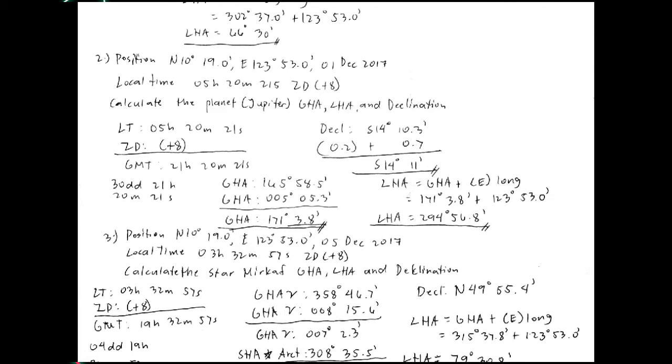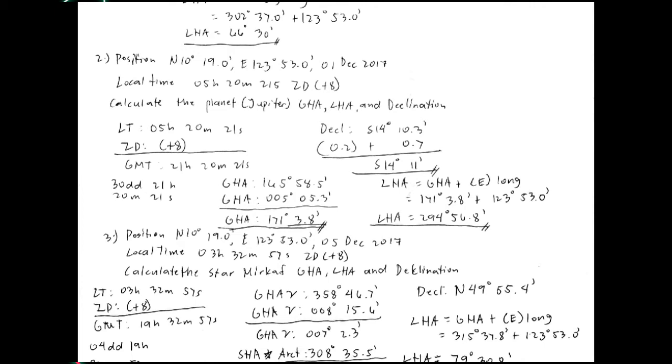We calculate the planet Jupiter's GHA, LHA, and declination. First is to calculate the GMT by subtracting from the local time, so we will have 21 hours, 30 minutes, 21 seconds. For the GHA, we will still use the nautical almanac and locate the values.